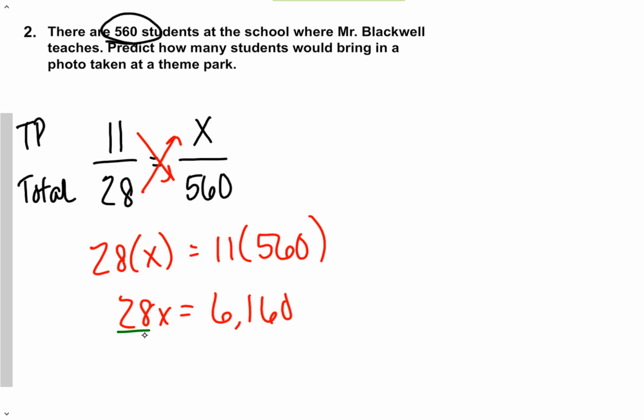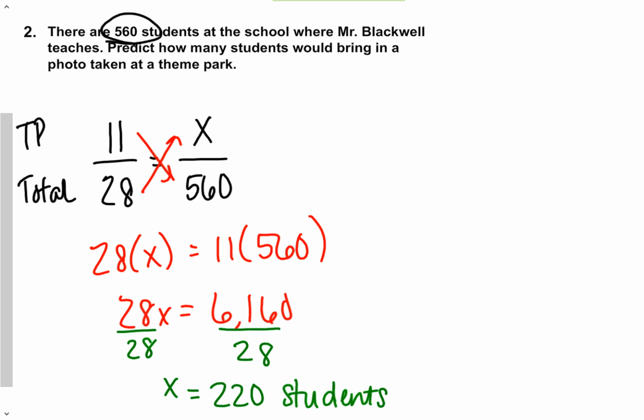Then we're going to divide by 28 on both sides to solve this equation. So x is going to be 220. So of the 560 students, you can expect that 220 students will bring a photo from the theme park.